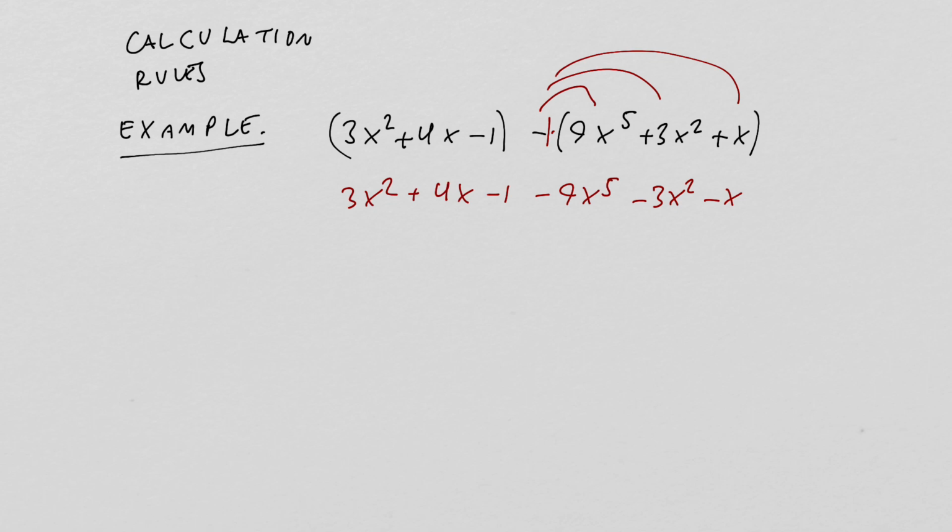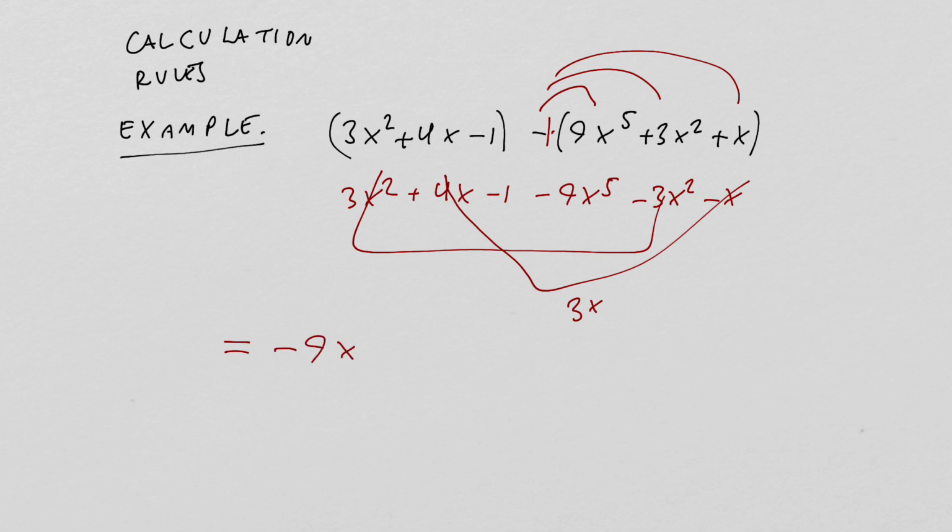It seems that these terms cancel out, and these terms make together 3x, so we would get something like this.